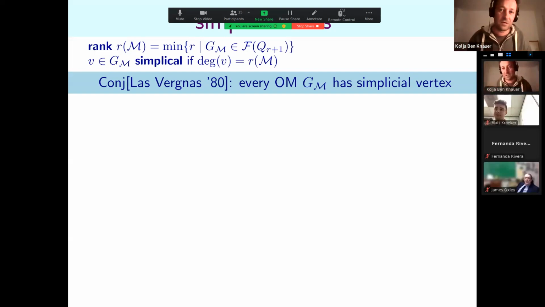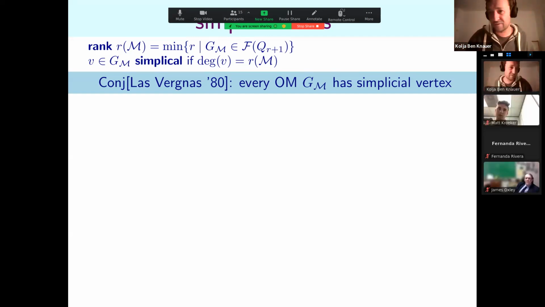And then one of the biggest conjectures, I think, in oriented matroids is that every oriented matroid has a simplicial vertex. So this means every hyperplane arrangement, for instance, in dimension 3 has a triangular region. But this generalizes to all dimensions and to oriented matroids, which is more difficult than just straight arrangements.